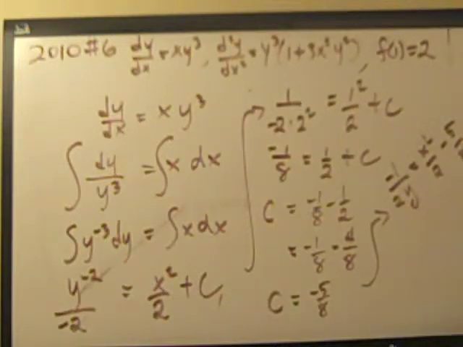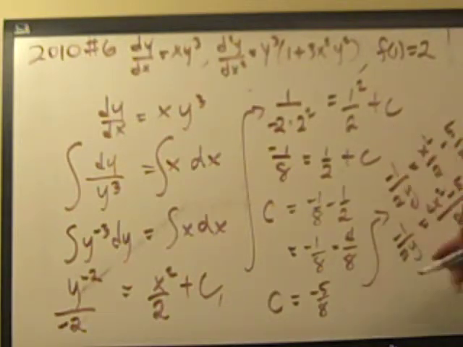Now we can certainly solve this by turning this into negative 1 over 2y squared equal to 4x squared minus 5 over 8. We can flip the whole thing.